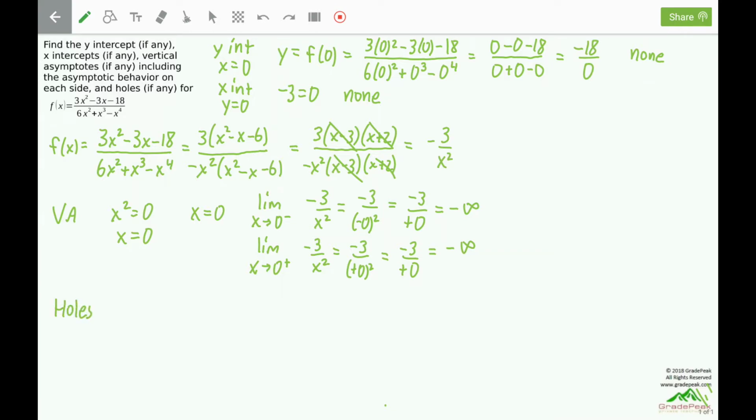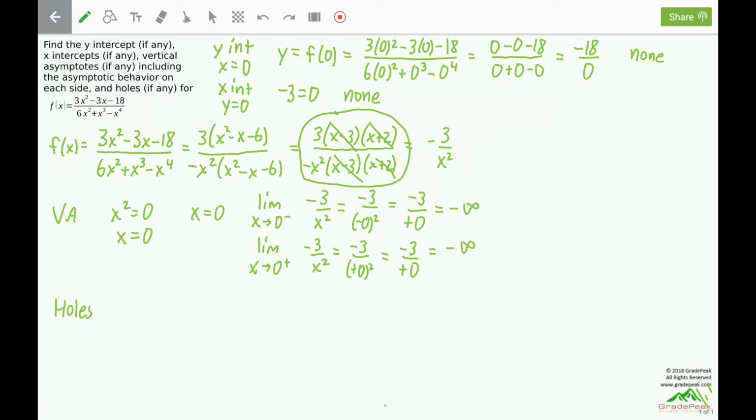The last thing are the holes. The holes occur for a situation when the function is factored, and those factors cancel and fully cancel out the factors in the denominator. So x minus 3 canceled with an x minus 3 in the denominator, removing all x minus 3's from the denominator, so x minus 3 will be one of them, and x plus 2 did the same thing.